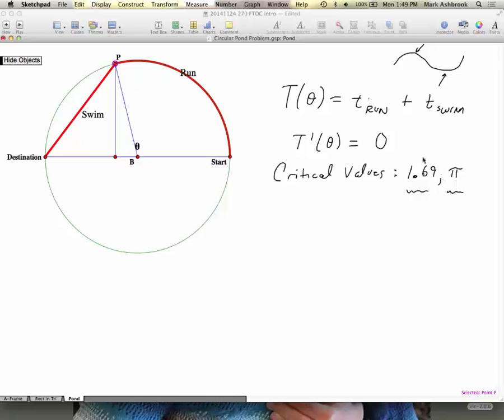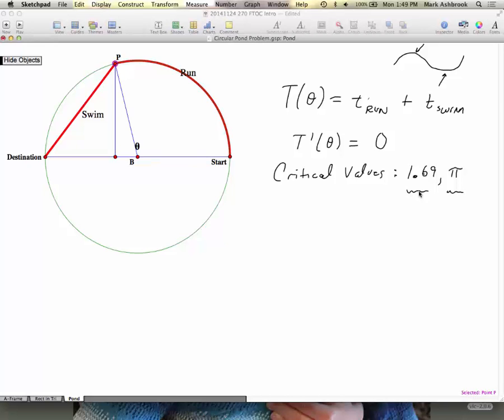Just because we have a critical value doesn't necessarily mean that it's a local max or local min, the thing we're looking for. To this point, when you did your Weber problems from before, you could just assume that if they're asking for a max, you set the derivative equal to 0 and you're going to get a maximum.